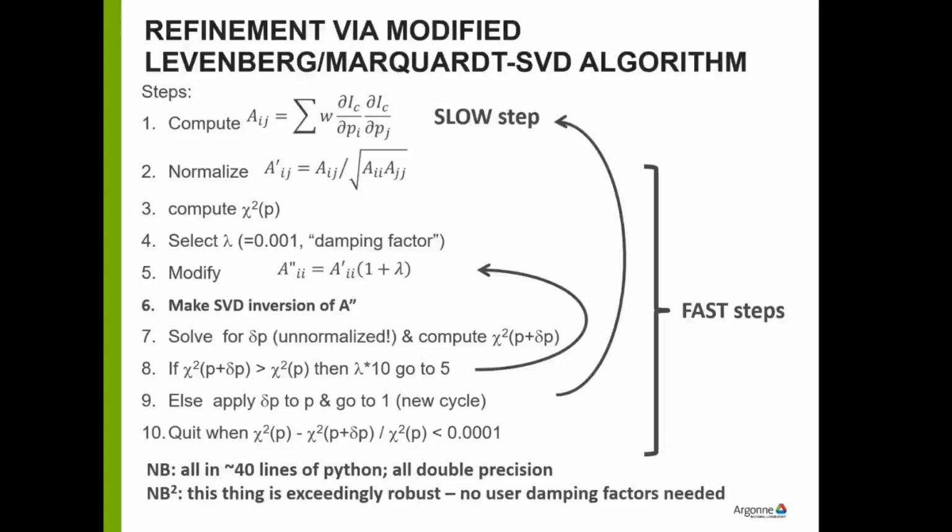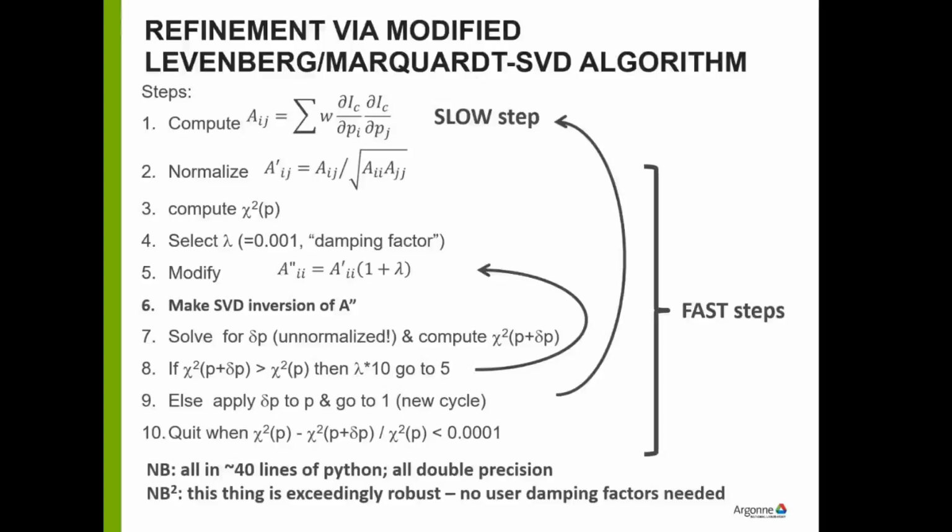It doesn't do that for single crystal diffraction, but definitely does it for powder diffraction. Computers don't like that big a range. So you normalize by the square root of the diagonals' product. That makes the diagonal 1 and all the terms scale down from that. Makes it easier to converge.